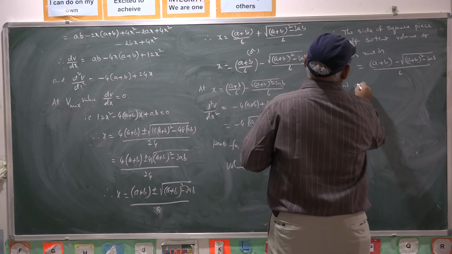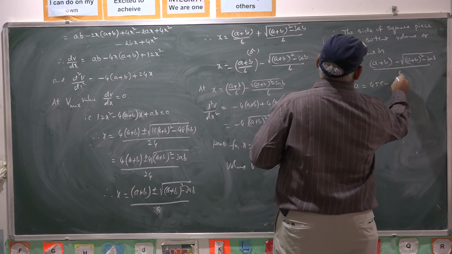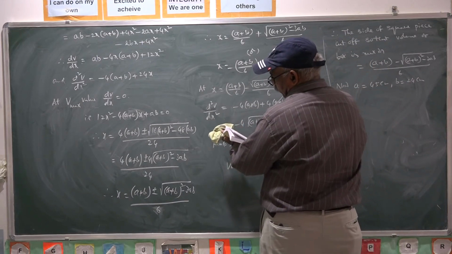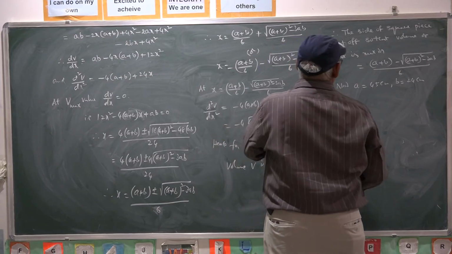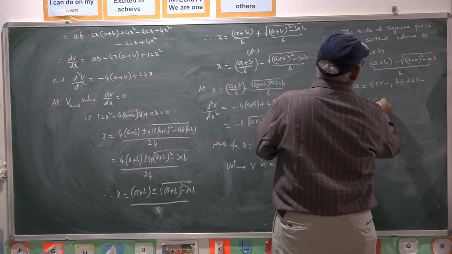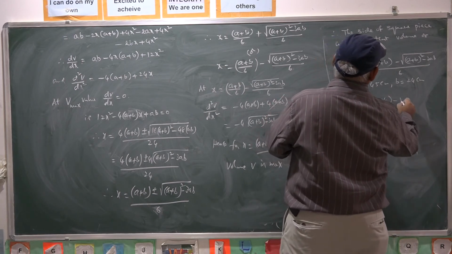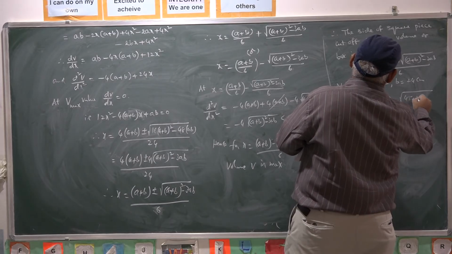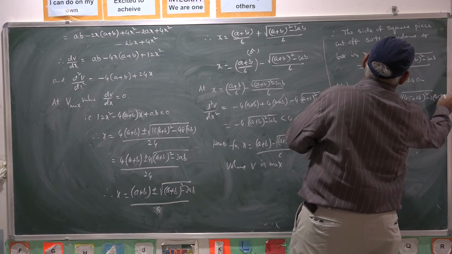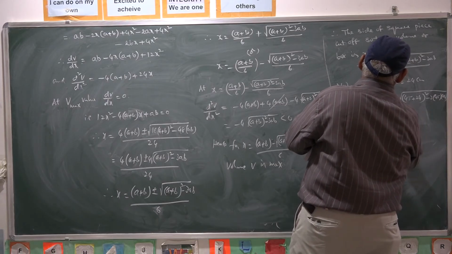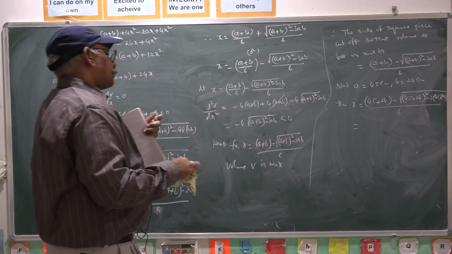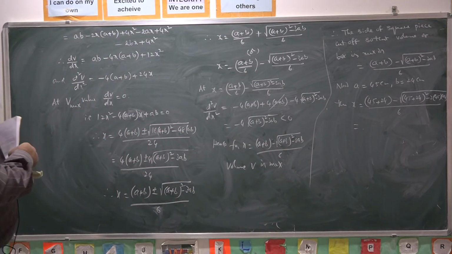Now, taking a equal to 45 and b equal to 24 centimeters, okay. Then x equal to 45 plus 24 minus square root of (45 plus 24) whole square minus 3 into 45 into 24, by 6, the required x value.